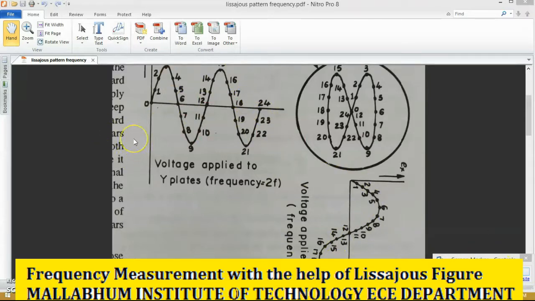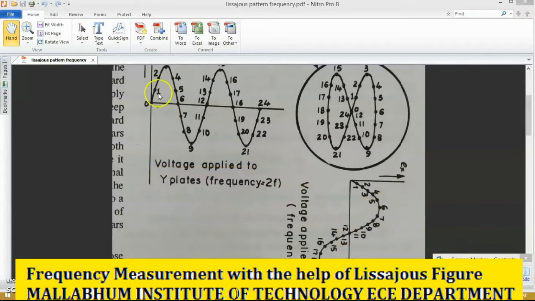You can easily see that the frequency of this is double the frequency we apply to the X plate, and for that purpose a different kind of waveform is generated. You may be surprised how we can measure the frequency just by seeing this figure, so we will discuss that. First of all, the frequency of the Y plate is double the frequency of the X plate. That is quite obvious from the figure.